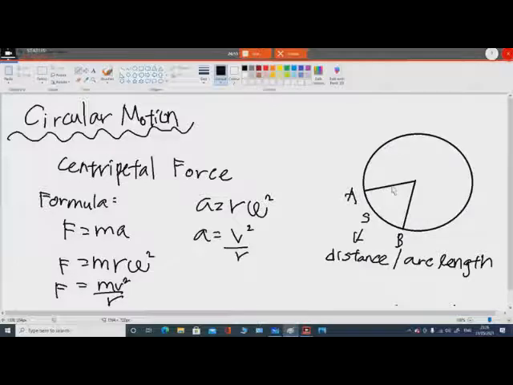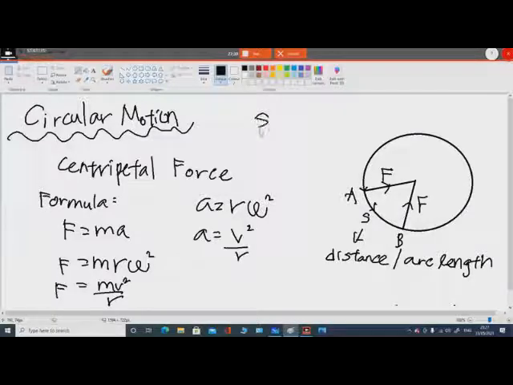As we know, the centripetal force is always pointing towards the center of the circle. So the direction of the force and the direction of the distance, which is from A to B, is always perpendicular.